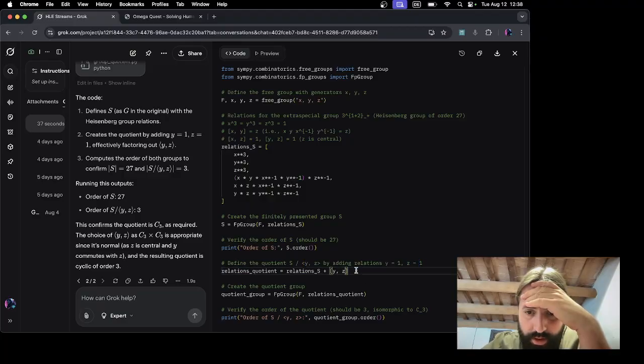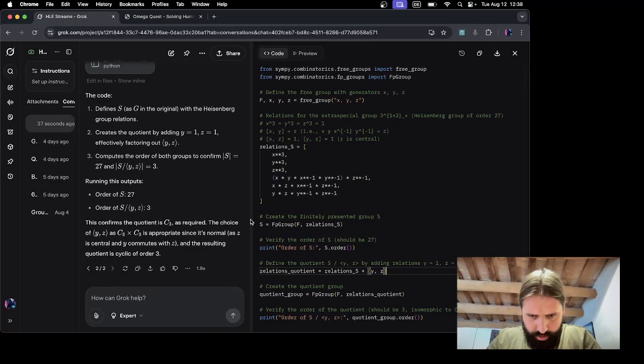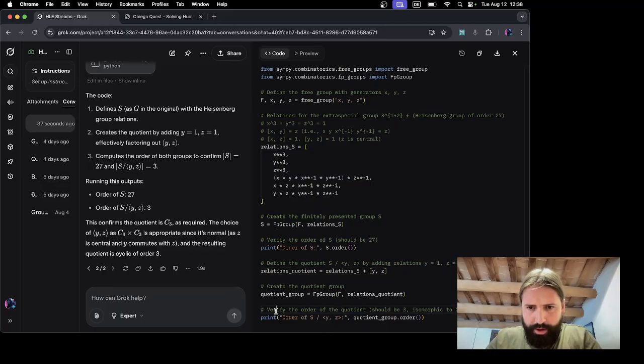What? What? I don't understand that. Verify the order. The quotient should be 3, isomorphic to C3.